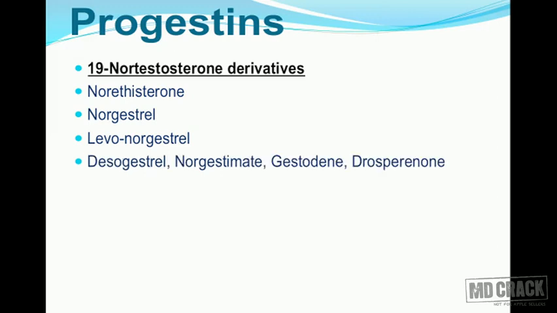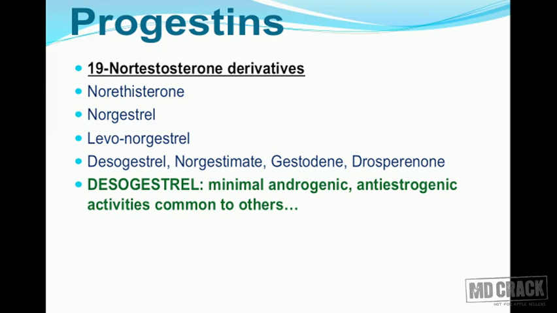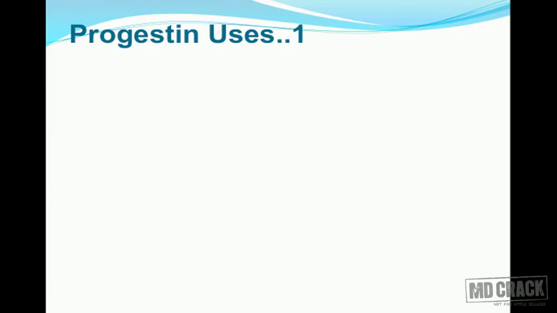And just now we were saying a beneficial compound as far as the lipids are concerned is desogestrel, plus you have norgestimate, gestodene, and drospirenone. Desogestrel has minimal androgenic activity, and anti-estrogenic activities are common to all others. So desogestrel has the same anti-estrogenic type of activities, but the androgenic activity is minimal.